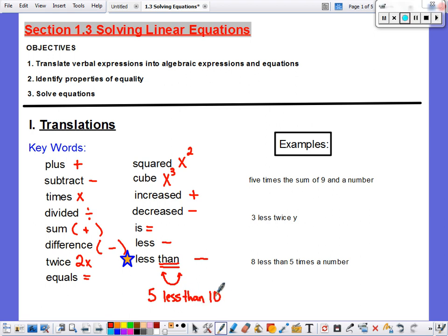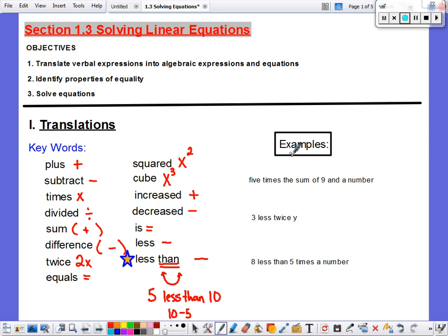If you take a look at that, it looks like a lot of students want to put 5 minus 10 because it's 5 less and then the 10. However, that's not going to be right in this case because we have the word than there. And so what number is 5 less than 10? Well, it's 5. Well, how do we get that? It's 10 minus 5. You see how the order changes. So keep that in mind. That one's a little tricky at times. We want to make sure that we don't fall into that trap.